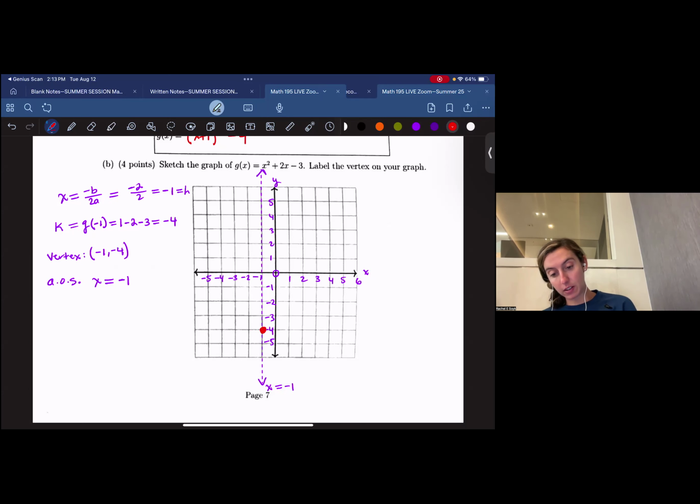Our a value is 1, which is greater than 0, so we're going to have a U-shaped quadratic. And then our y-intercept is at negative 3, which means if we reflect over that axis of symmetry, we get negative 2 comma negative 3 as another point.